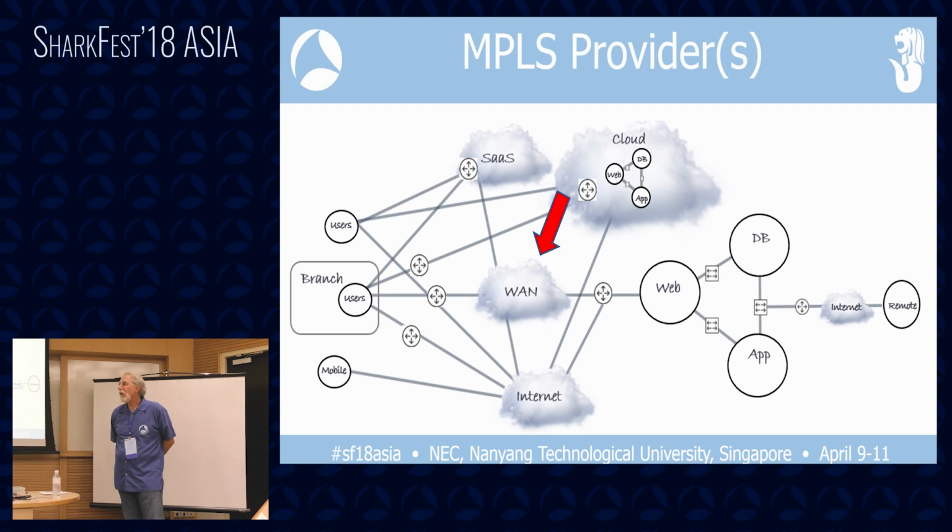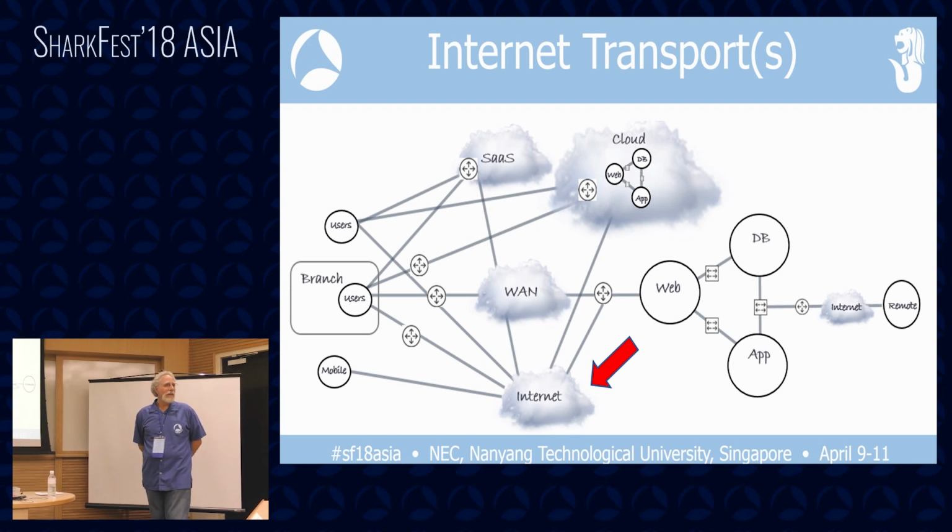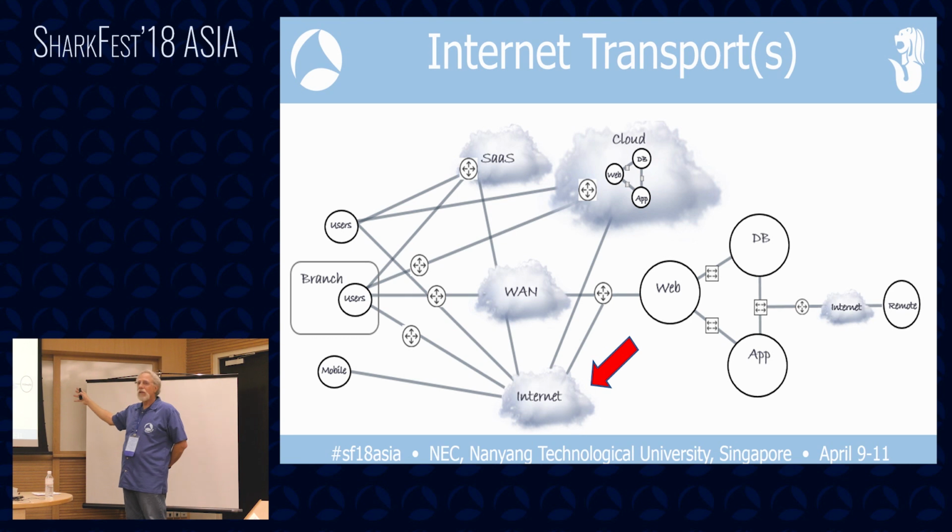They might have Orange as well as Telstra, AT&T, Verizon, all the big providers. And then one of the latest trends is using the internet for transport directly in conjunction with MPLS. So we've got traffic that can go between all these different locations across multiple different network transports.